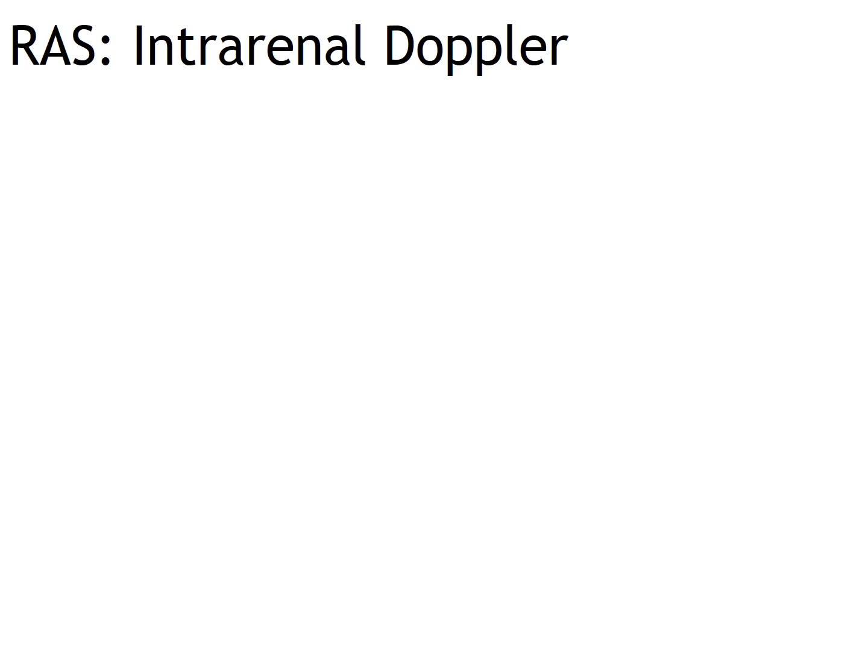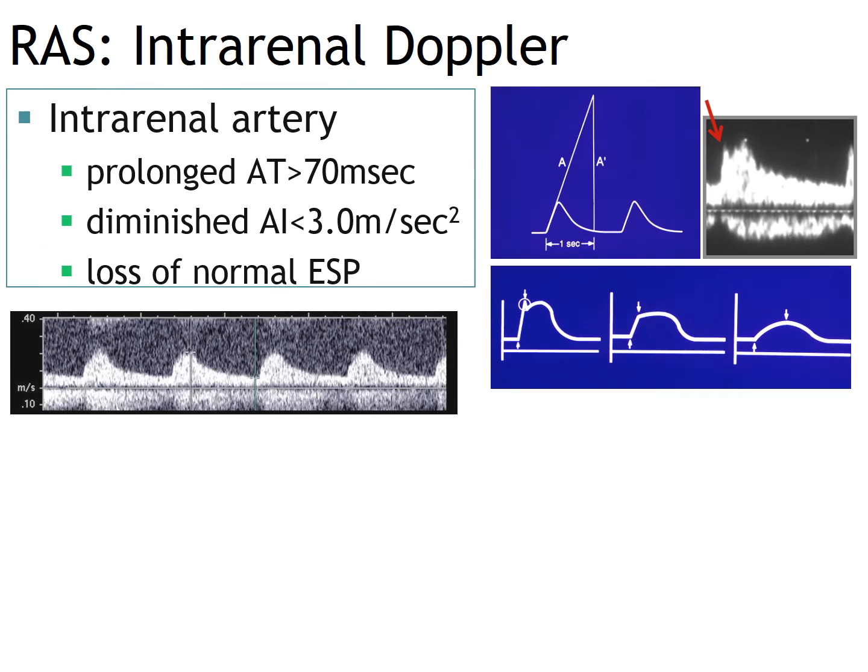In contrast, intrarenal artery Doppler is much easier than the main renal artery Doppler technique. The criteria we can use with this technique are AT, acceleration time, AI, acceleration index, and ESP, early systolic peak.